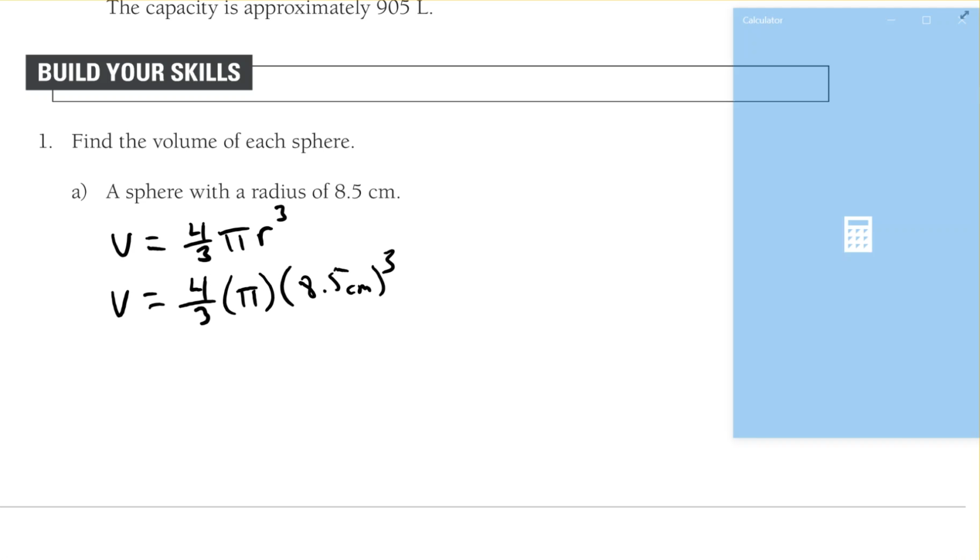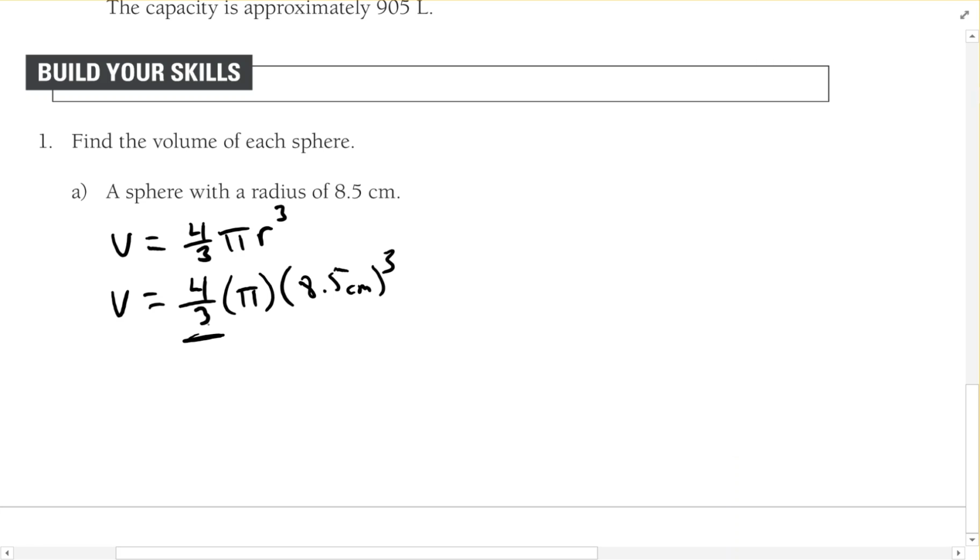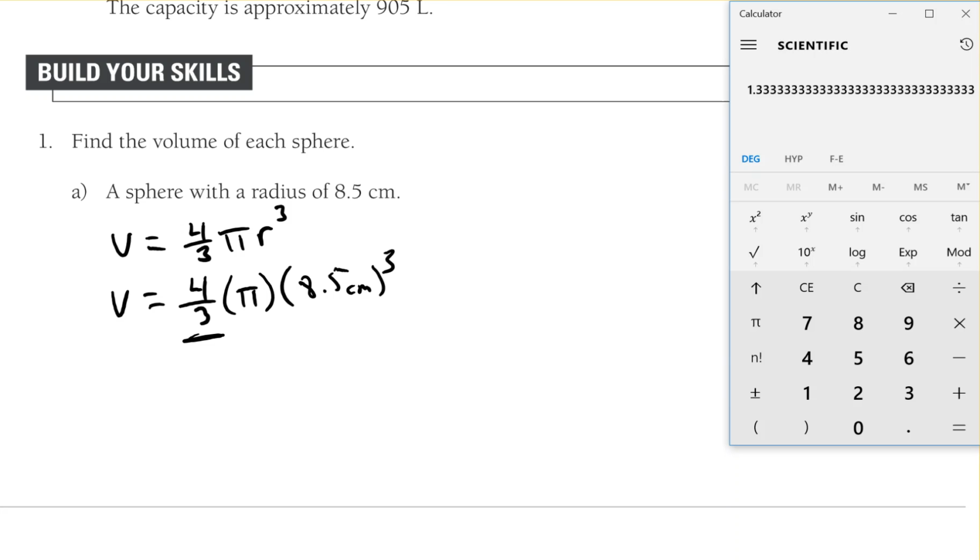Here's how you put it into your calculator. You'd go 4 divided by 3. If you want to, you can push equals, because that's what that's equal to, 1.3 and so on, times pi, times 8.5.